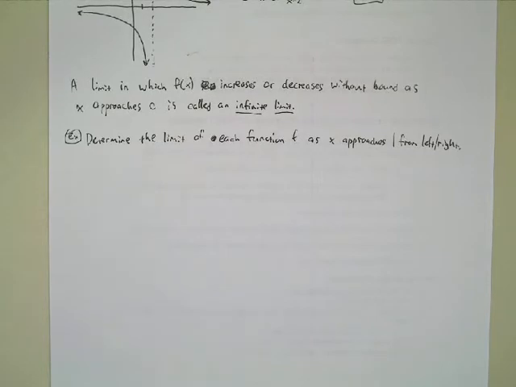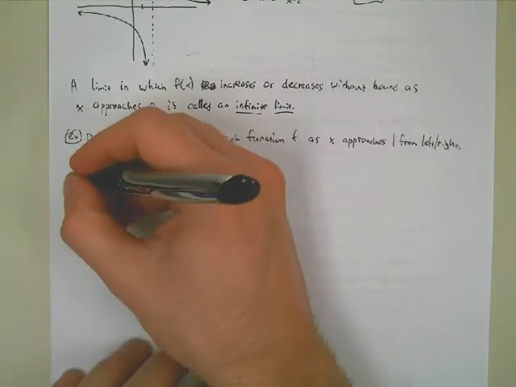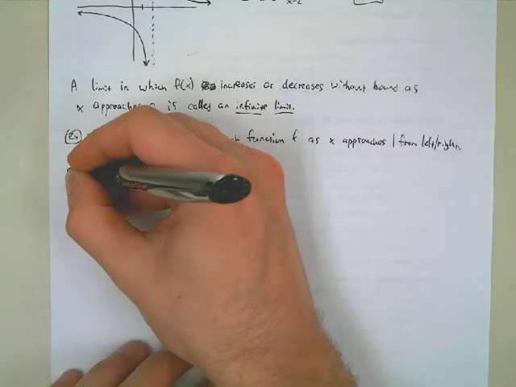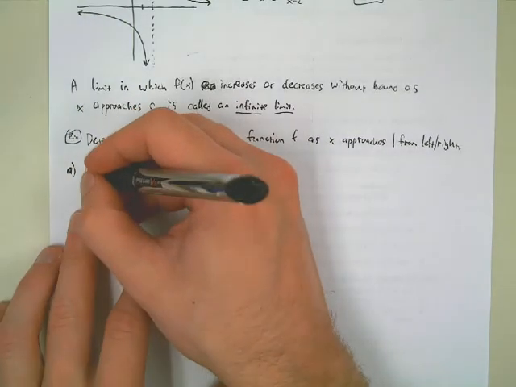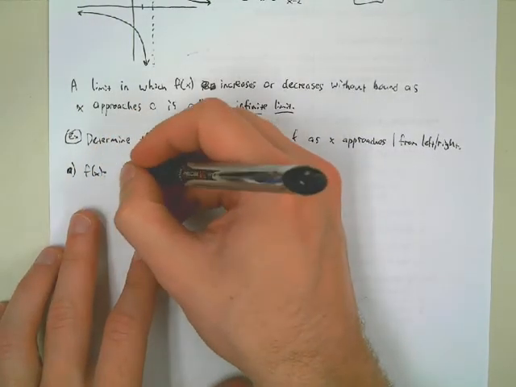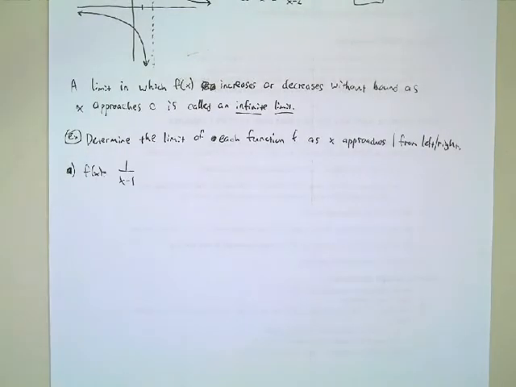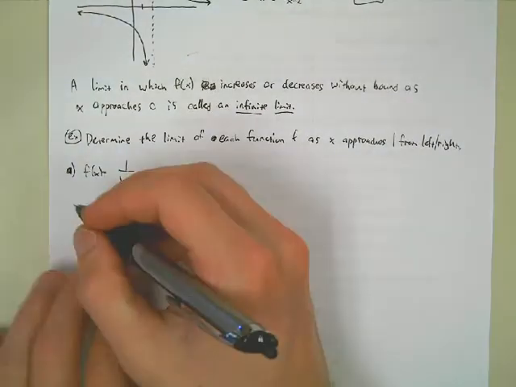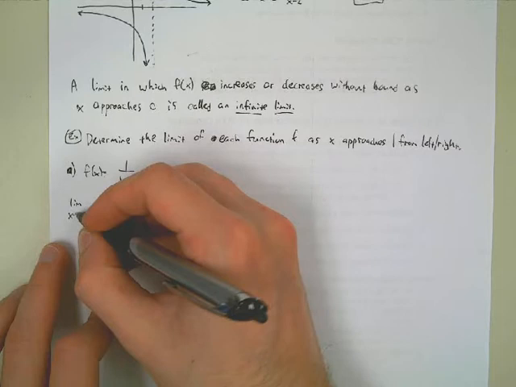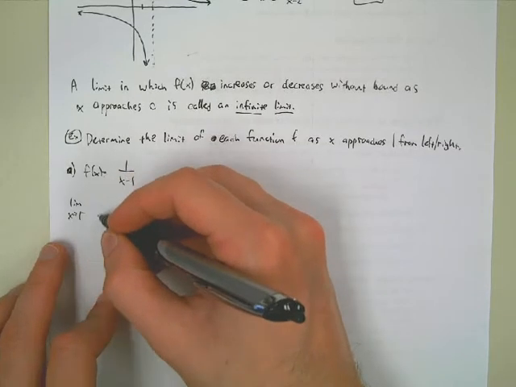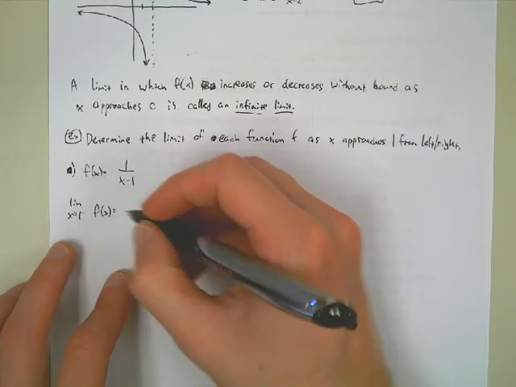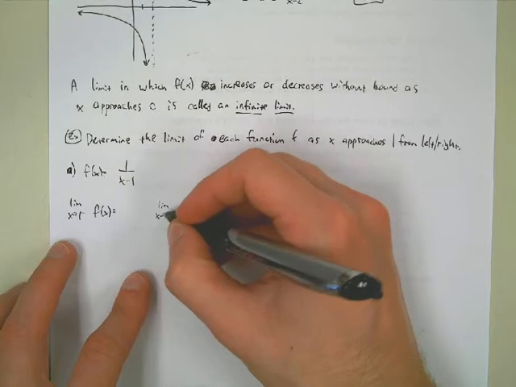We're going to do quite a few here, so let's see. Okay, f of x equals 1 over x minus 1. So there's our first function, and that means we want to take the limit as x approaches 1 from the left, and the limit as x approaches 1 from the right.